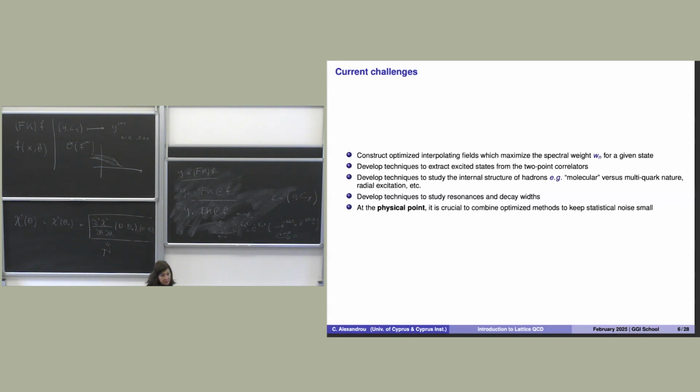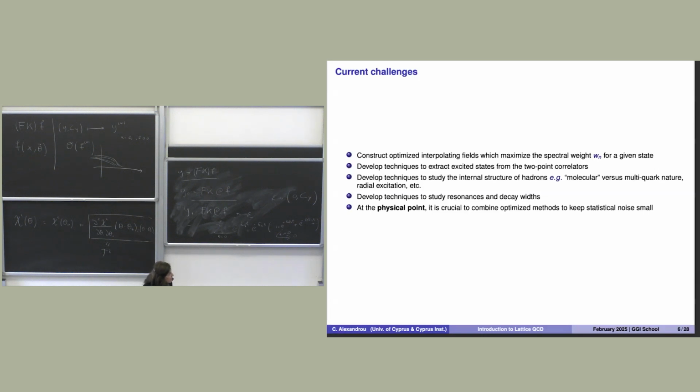And we will see some examples. For example, you know the famous XYZ states that have been discovered. We want to know whether they are molecular states or multi-quark states, or how the valence quarks are arranged inside the states. We want to develop techniques to study resonances and decay widths. As I said, this is much more difficult because lattice QCD is very good if you have a stable ground state.